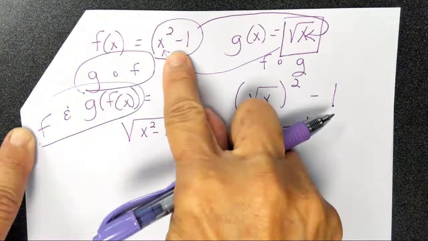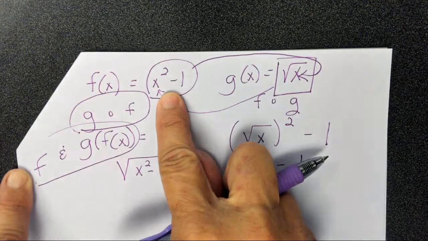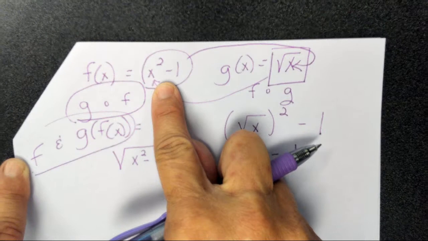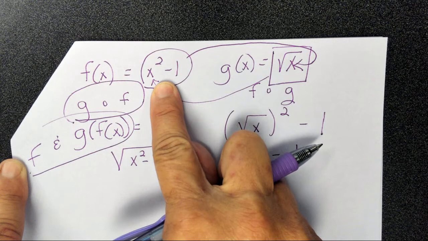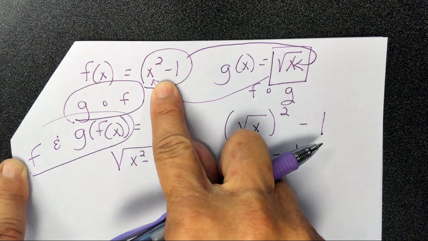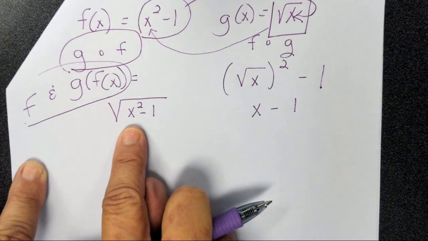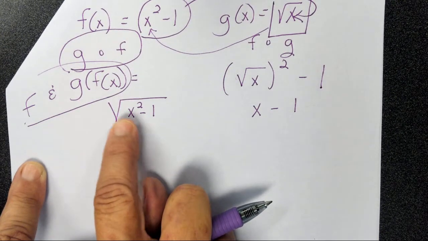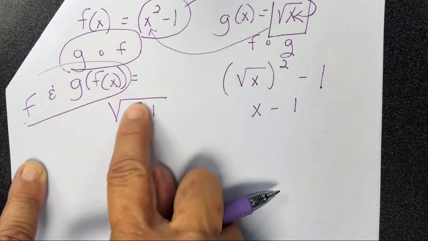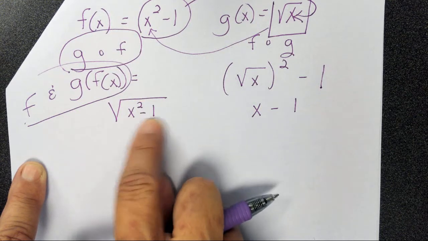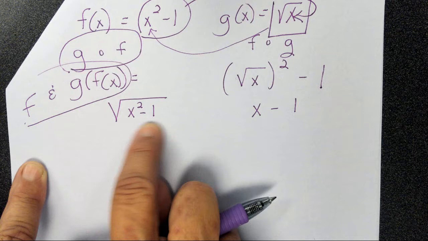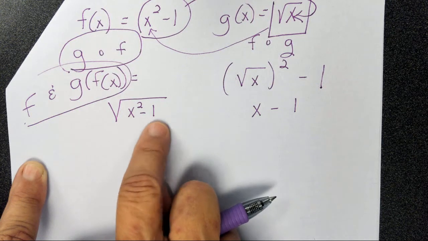So F is what? What is F? A parabola. And what is the domain of a parabola? All real numbers. But this is a square root where this piece has to be greater than or equal to 0. Didn't we talk about this problem for the last 2 days? X squared minus 1.